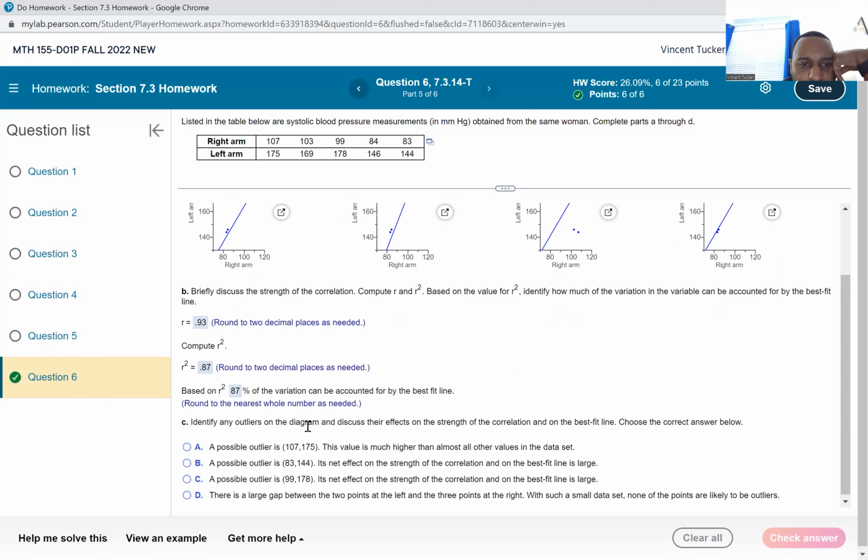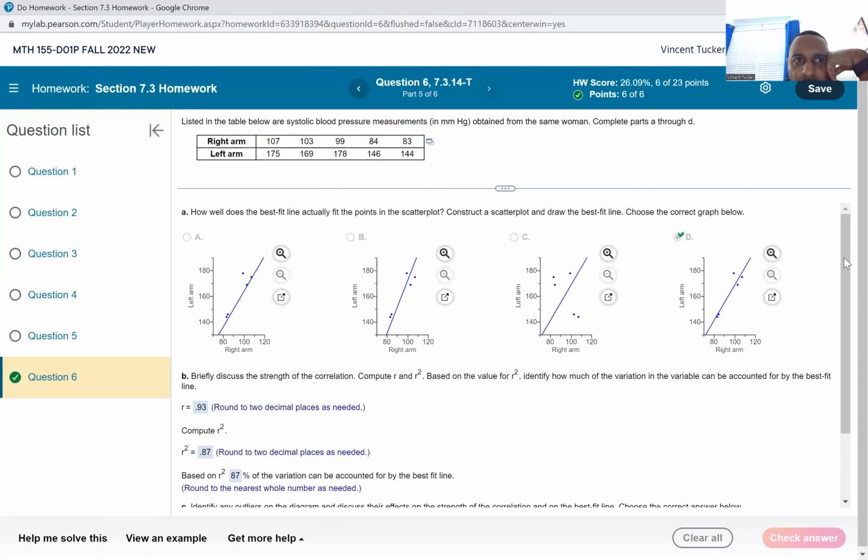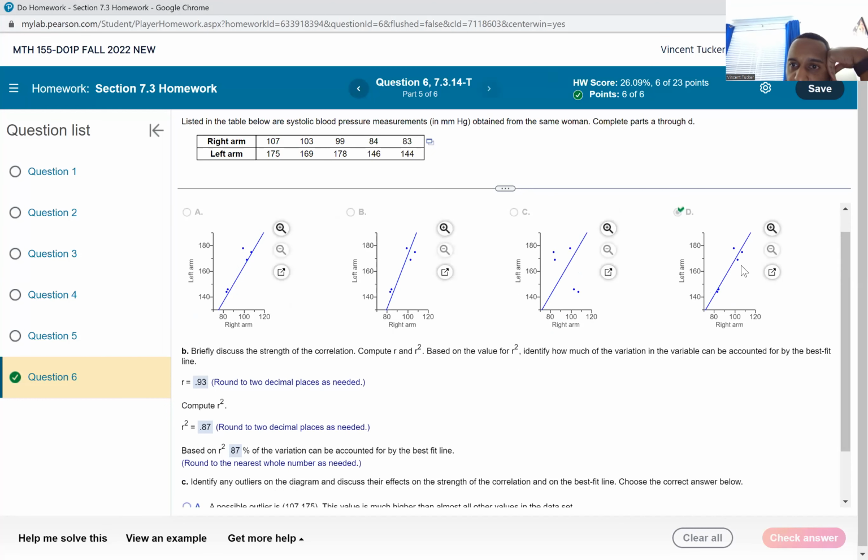So identify any outliers. Let's look at our graph and see if there are any outliers. That doesn't seem far, but it is far in comparison to our dots, because the other 4 are right up against the line. This one is a little further away. So let's call it an outlier and see what happens.